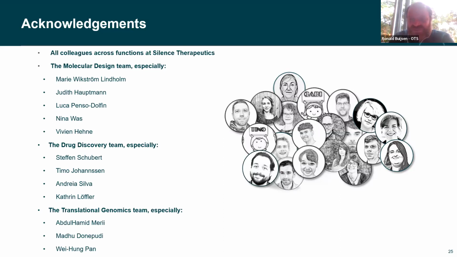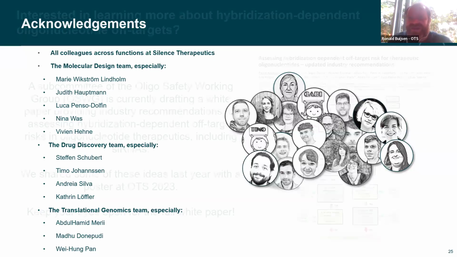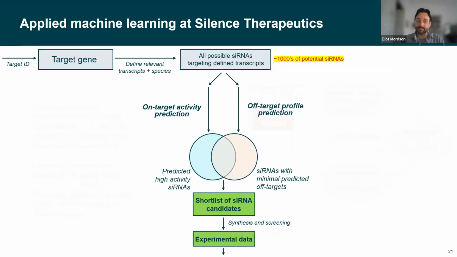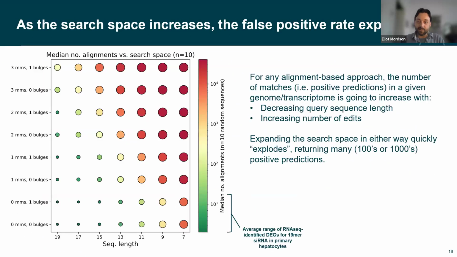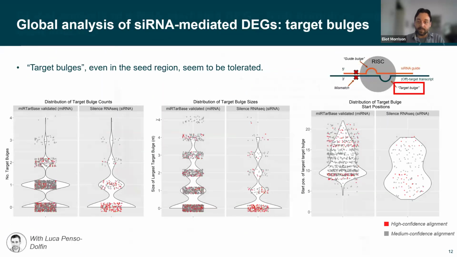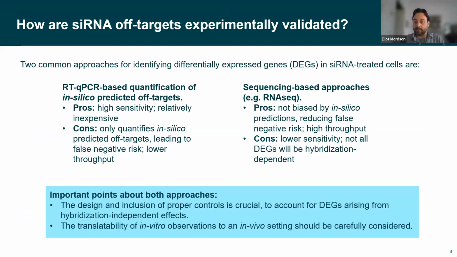So that also leads to my first question. I'm very happy that you touched on taking the right controls in your experiment. But what would be the right control for a hybridization-independent effect? Yeah, let me go back to where we were talking about this. One thing you can think about is that the hybridization-dependent off-targets will be driven by the sequence itself.